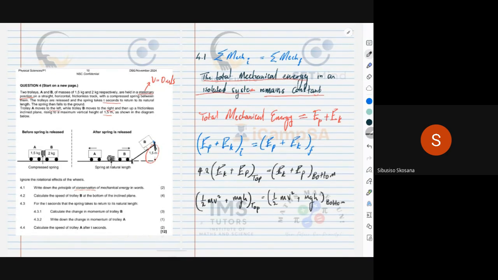So here we have 1/2. What is the mass of block B? Block B is the only one that goes up, so block B is 2 kg. At the top, it's going to stop, so it wouldn't have a velocity. So we can say 0 plus the mass, 2 kg, times 9.8. 9.8 is g, the gravitational acceleration, 9.8 meters per second squared.